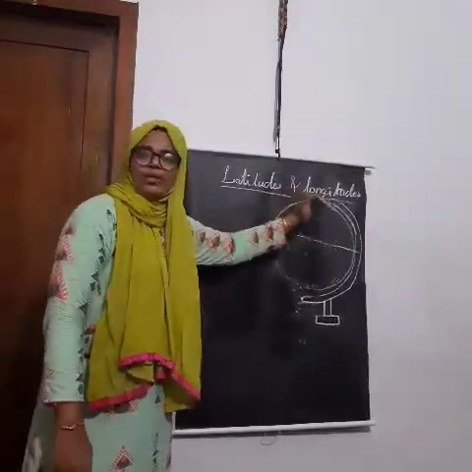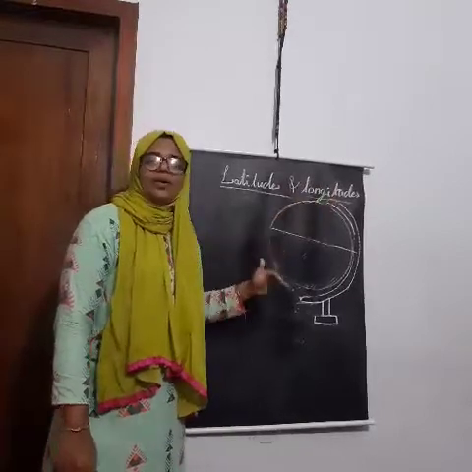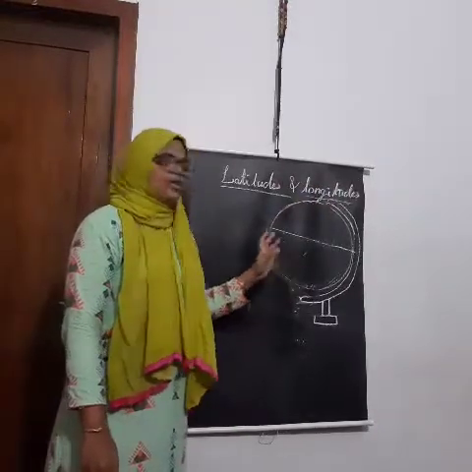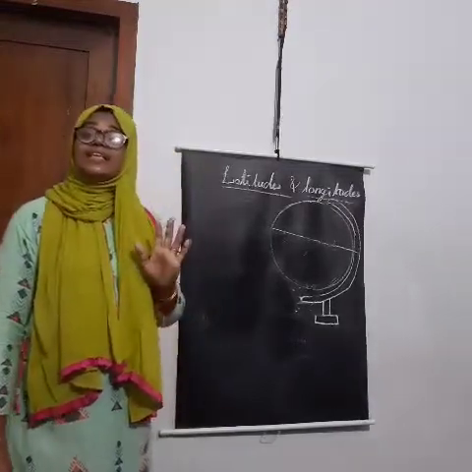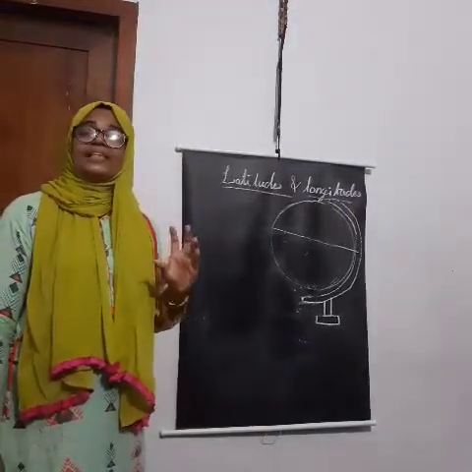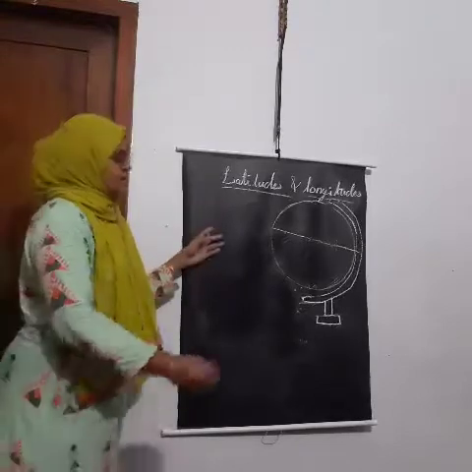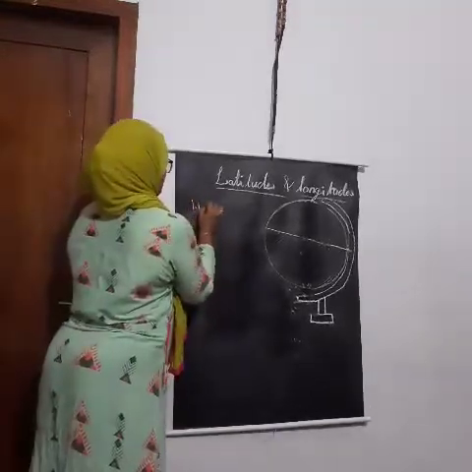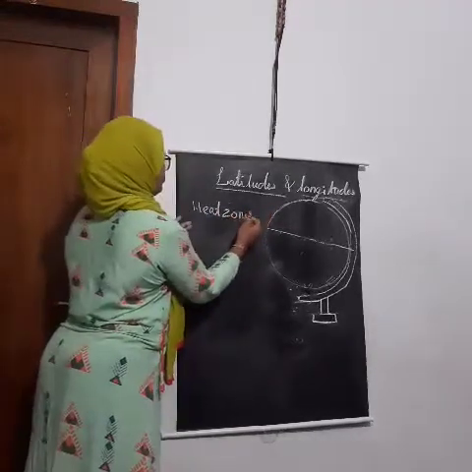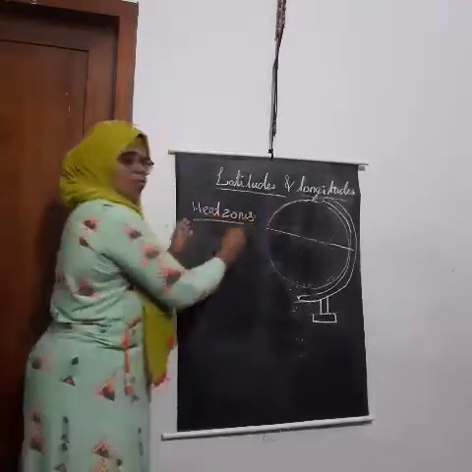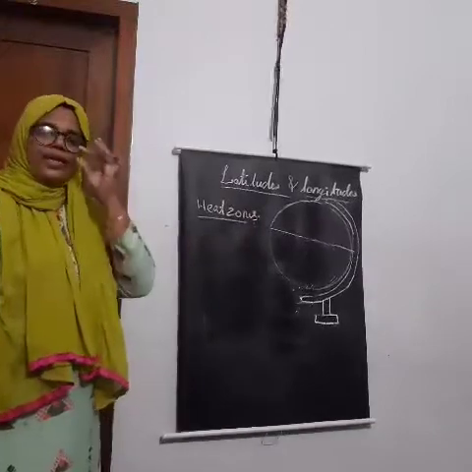What is there on the northern part? What is there on the southern part? According to this, we can divide the total into many heat zones or heat areas. Which are the important heat zones?